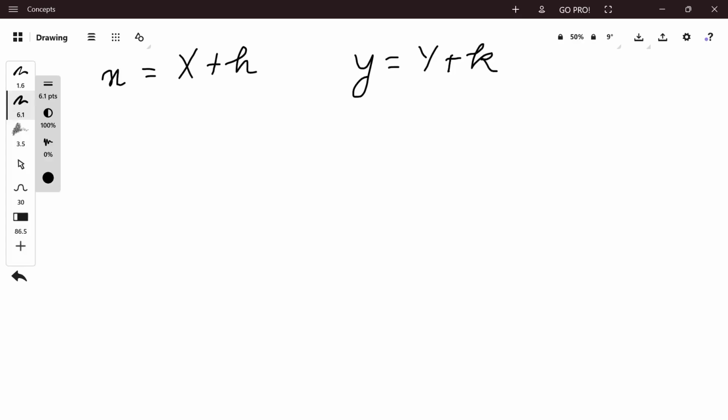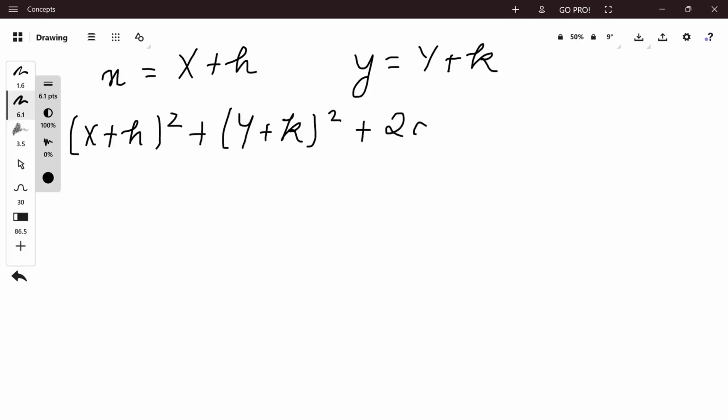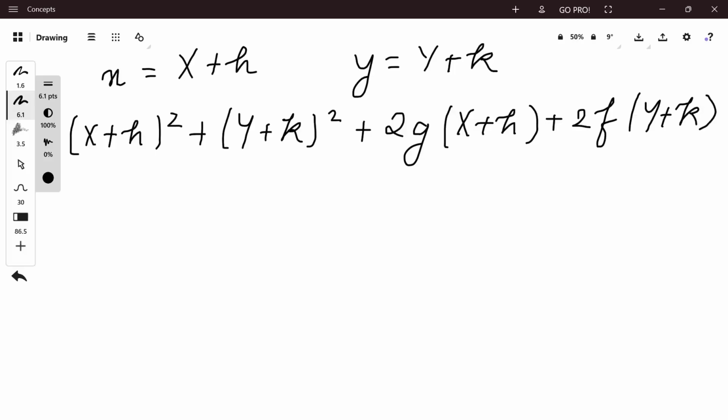Substituting this into the original equation, we have (x plus h) square plus (y plus k) square plus 2g(x plus h) plus 2f(y plus k) plus c is equal to 0.